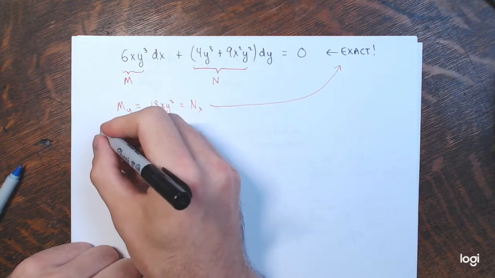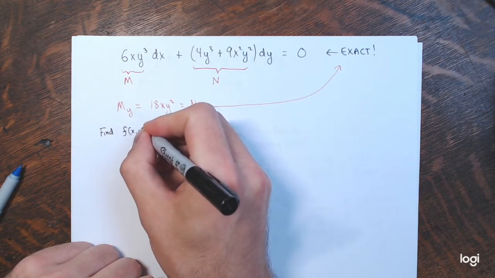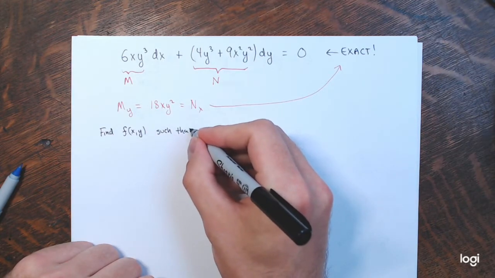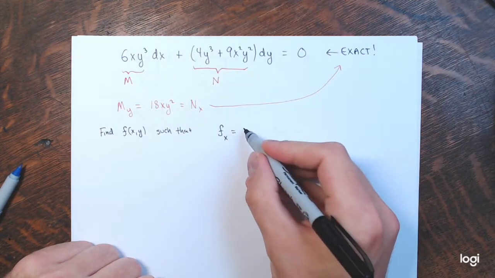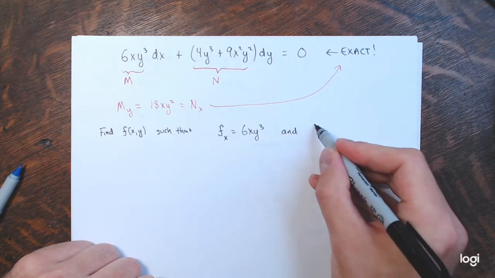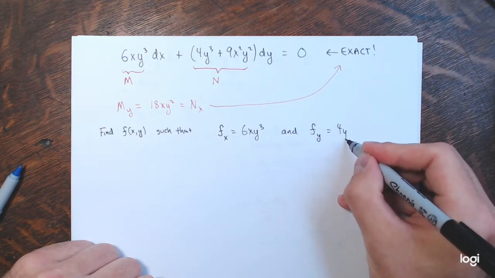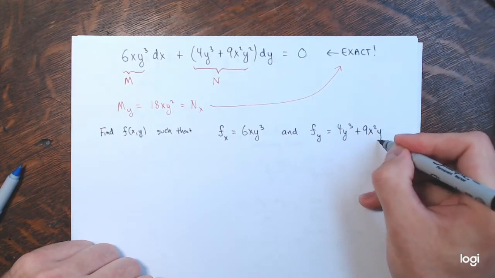So we're trying to find this function f of x,y. I'm trying to find f such that the partial of f with respect to x is this 6xy cubed, and the partial of f with respect to y is this 4y cubed plus 9x squared y squared.